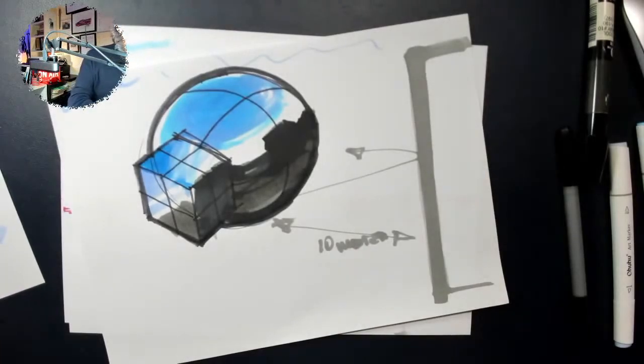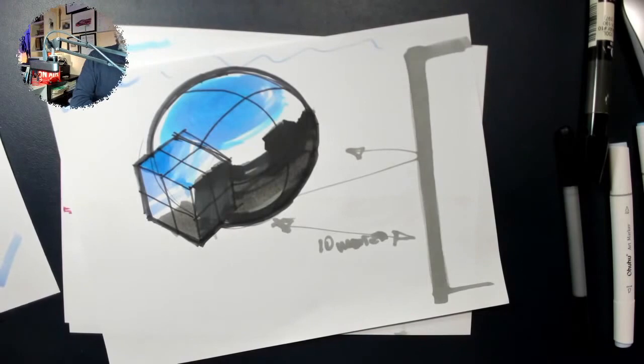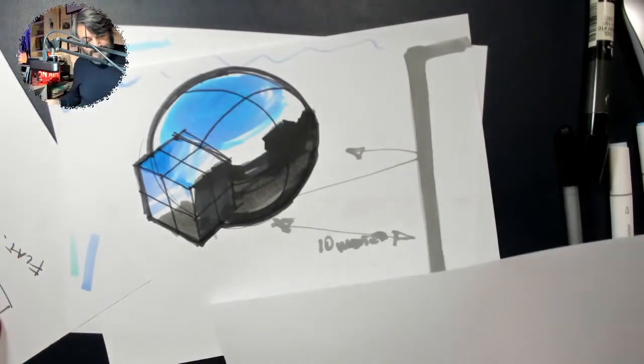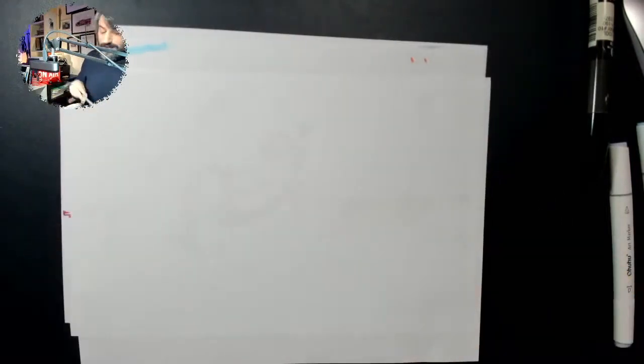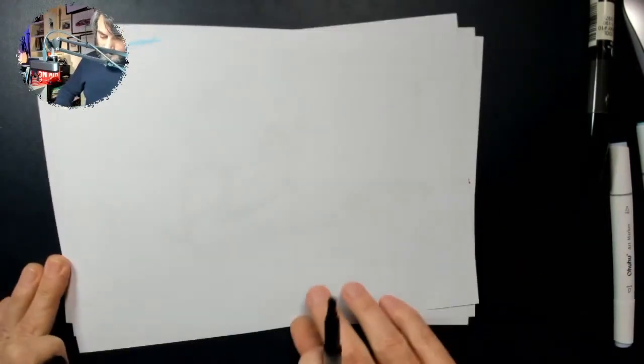Okay, now let's take another page, and let's make a similar exercise, but a little bit different, which means a little bit more complicated. Okay, let me think. I have a cylinder. Okay.